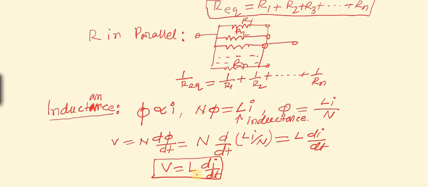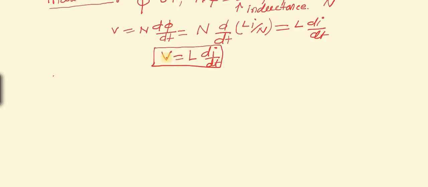P is equal to L di by dt. You see that the voltage V is equal to L di by dt. This is the differential form. In terms of integral form, we can write it like this: current I over time t is equal to 1 by L integration from minus infinity to plus infinity of V dt.